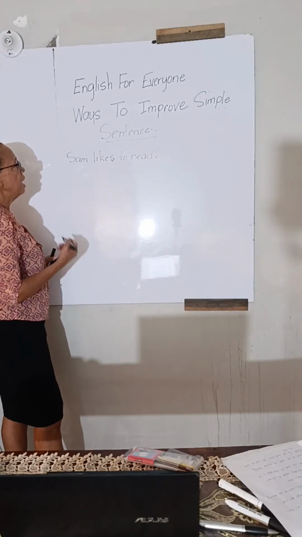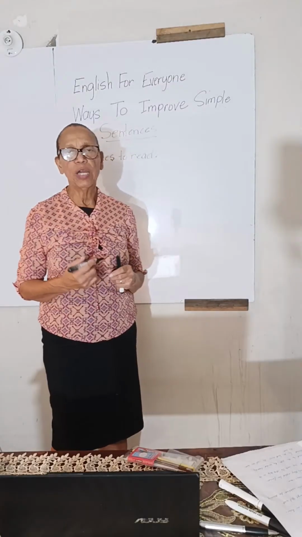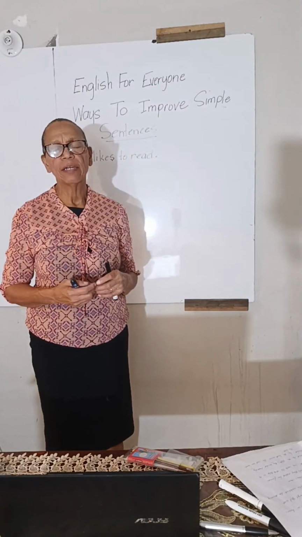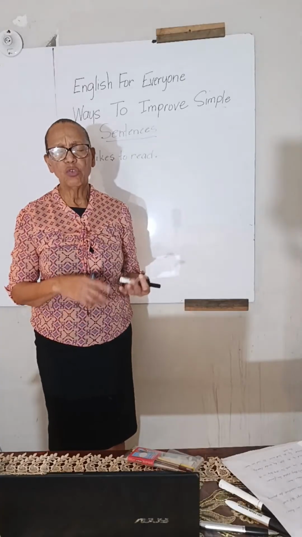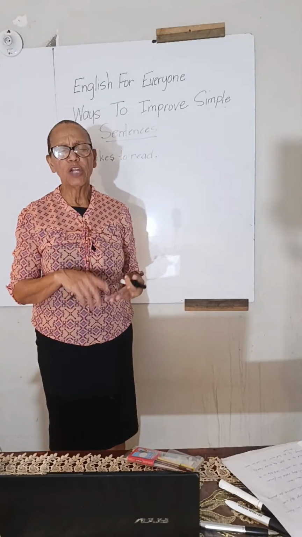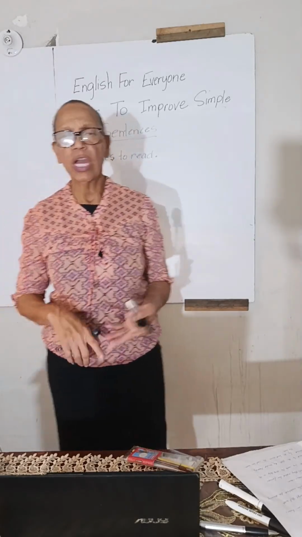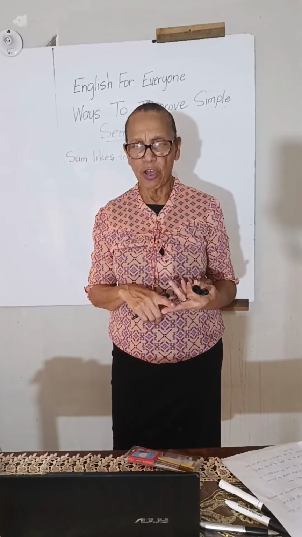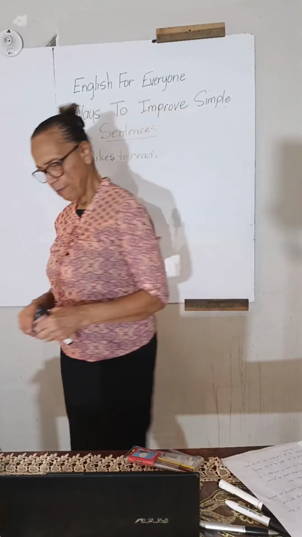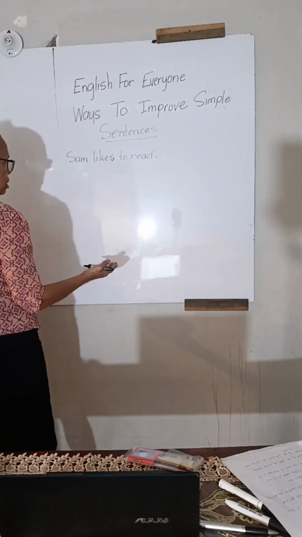Now, I could have more than one subject. So tonight we're going to be looking at how we can use more than one subject. We can use one subject, two subjects, three subjects. We can use one verb, two verbs, three verbs. So, Sam likes to read.